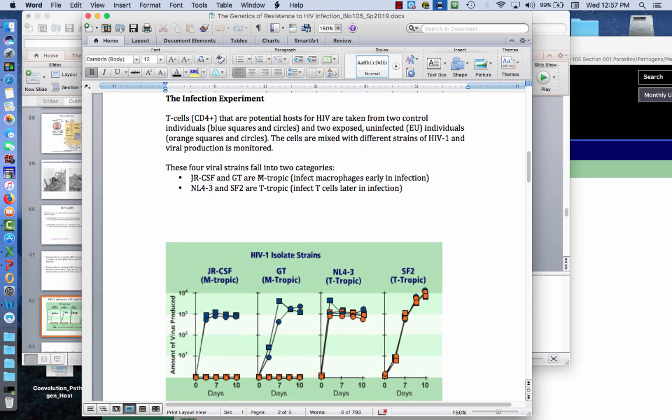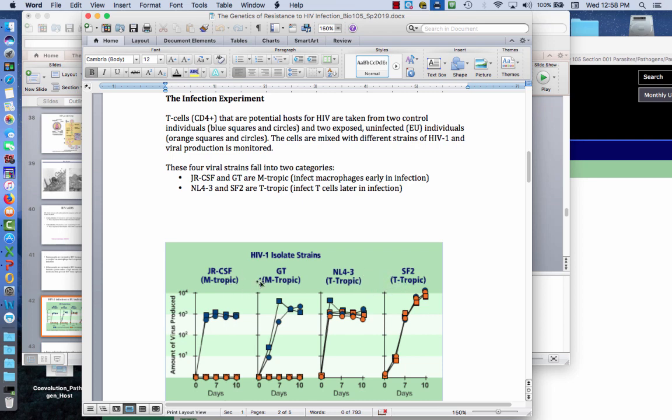What they did was they had HIV viruses that were M-tropic, those that preferred binding to the CD4 and CCR5 receptor. They had two isolates of that, and that's what you see in these two graphs. They also had viruses that were T-tropic. They had two isolates that were T-tropic and that preferred binding to CD4 and CXCR4 for the symptomatic phase.